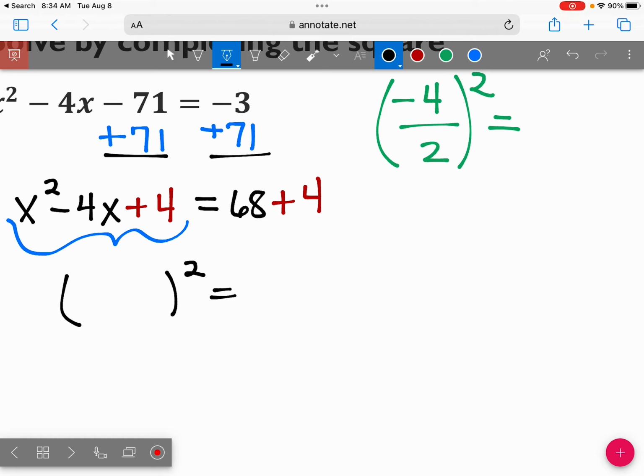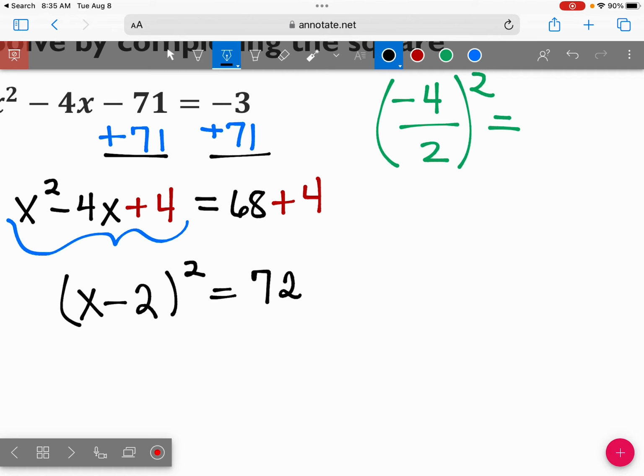Thumbs up if you know what it factored down to. All right. What is it factored down to? X minus 2. So X minus 2. Who had that? X minus 2. All right. Now, what do you get when you add 68 plus 4? 72.